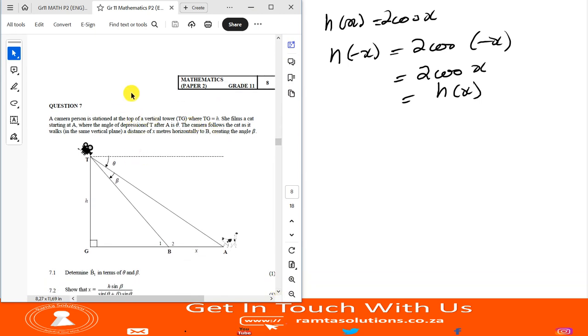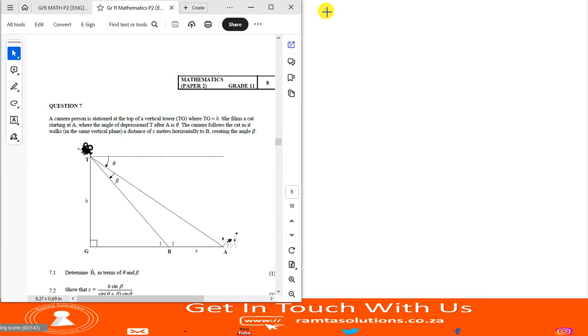Let me go to the next page. Question 7. A camera person is stationed at the top of a vertical tower TG, where TG is H. She films a cat starting at A, where the angle of depression of T after A is theta.